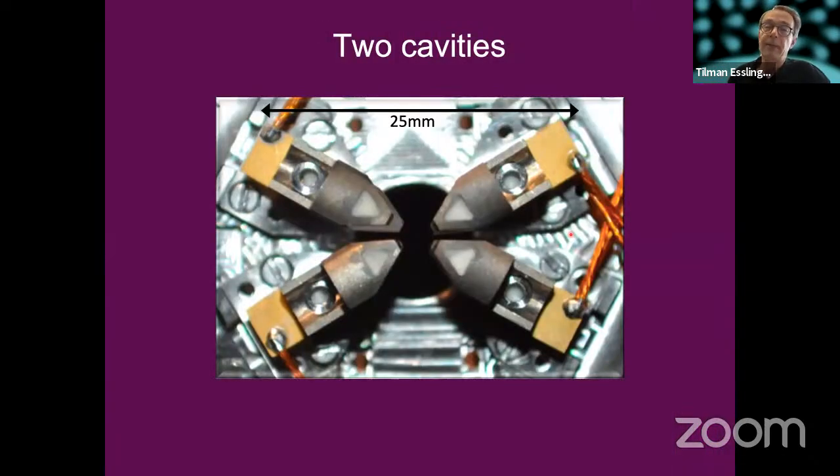And one can achieve this by using two cavities. One might at first think two cavities will just give you two Z2 symmetries. Yes, that's true. They give you two possible Z2 symmetry breakings, but you can enhance the symmetry.